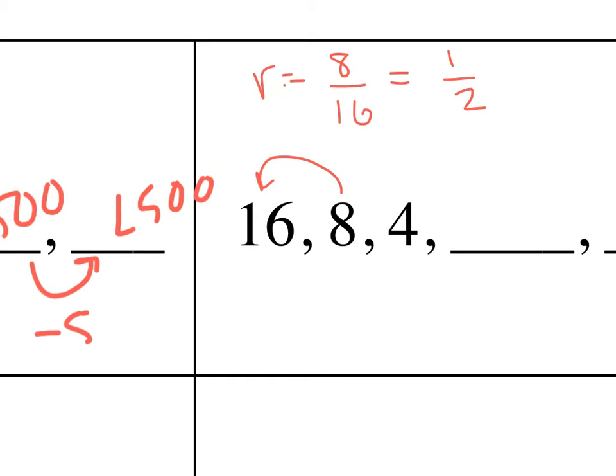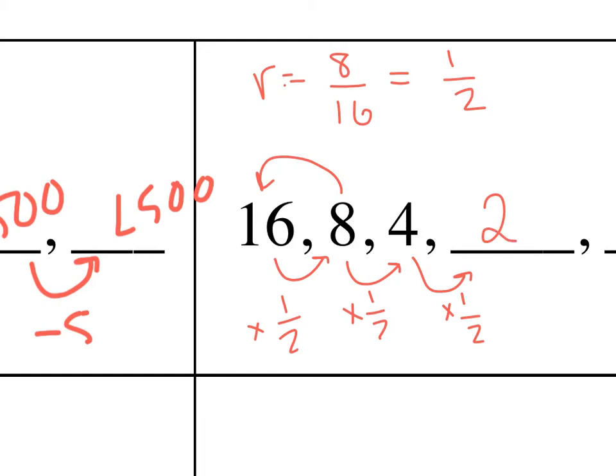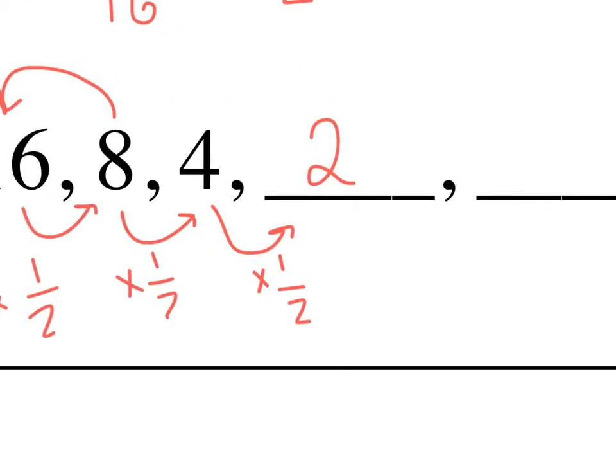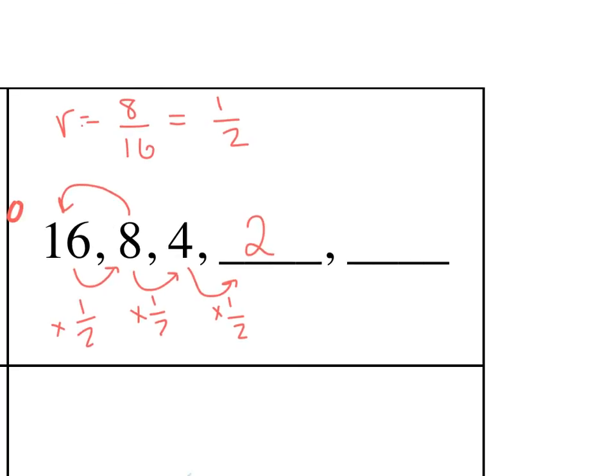That means I'm multiplying by 1/2 every single time. Because 8 times 1/2 is 4. I now do 4 times 1/2. 4 times 1/2 is 2. I now do 2 times 1/2, which gives me 1. Those are your next 2 terms.